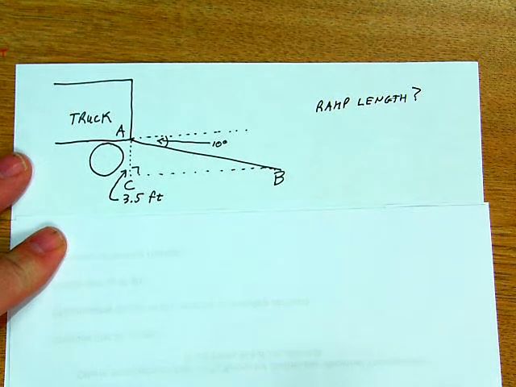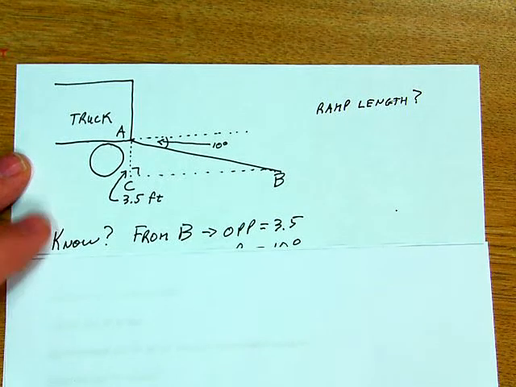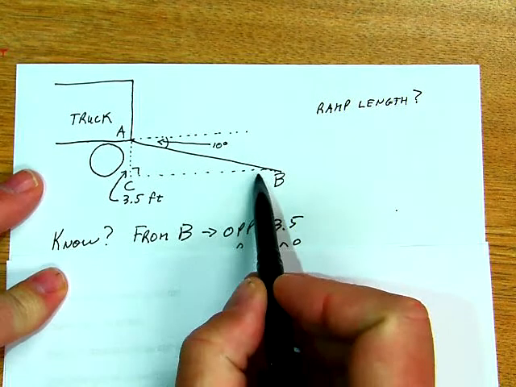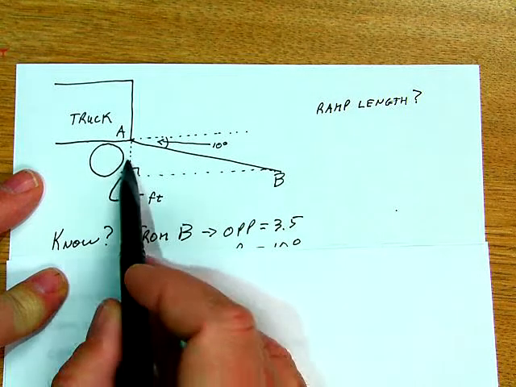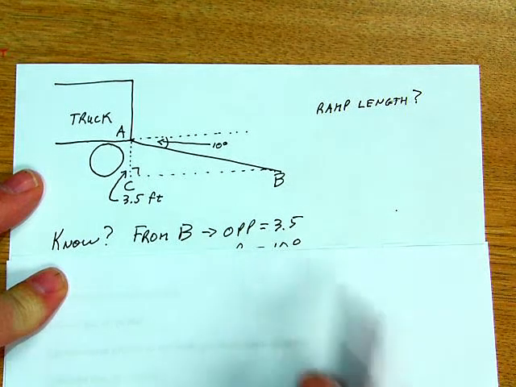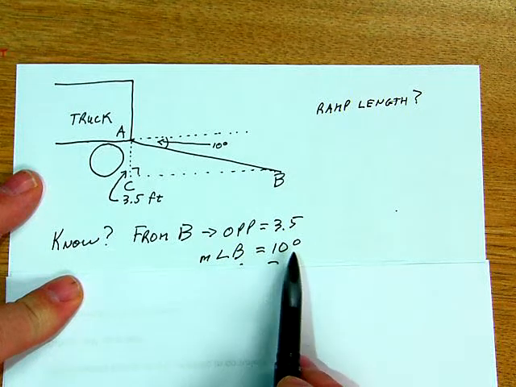So, what do I know? From angle B, right down here, what do I know? I know the opposite side of angle B is 3.5 feet. I know that the measure of angle B is 10 degrees. How do I know that?